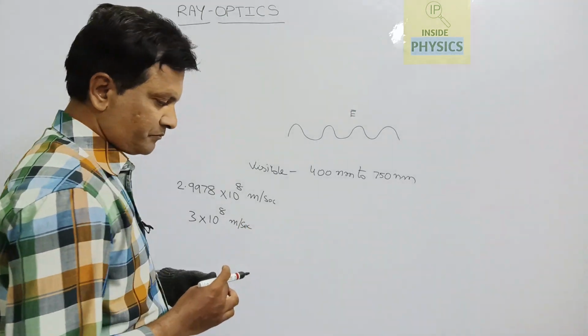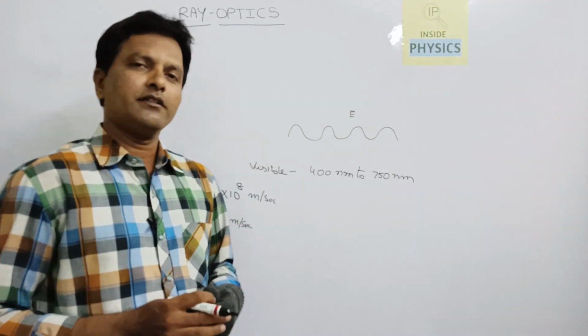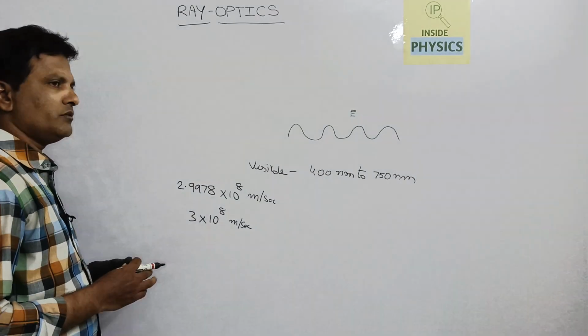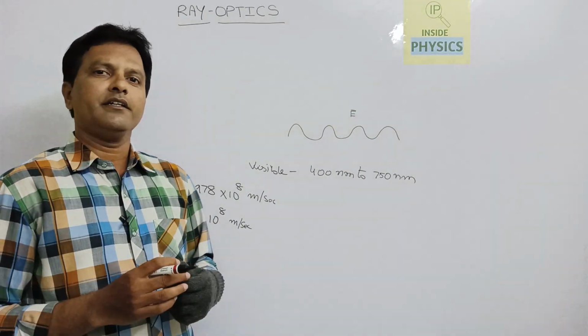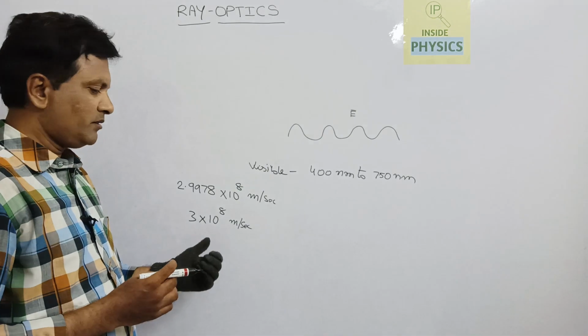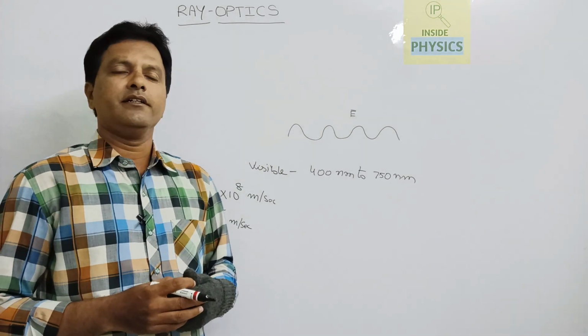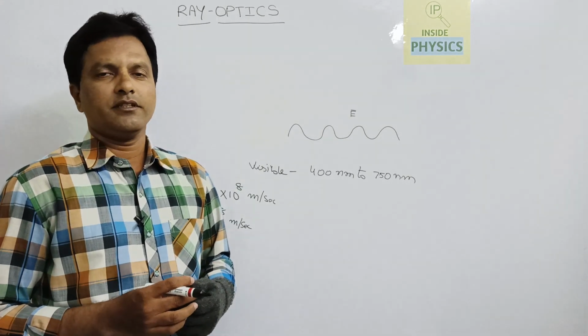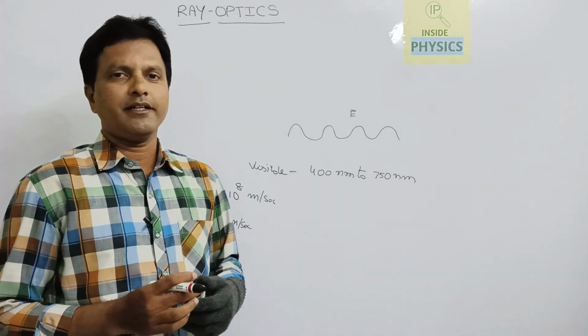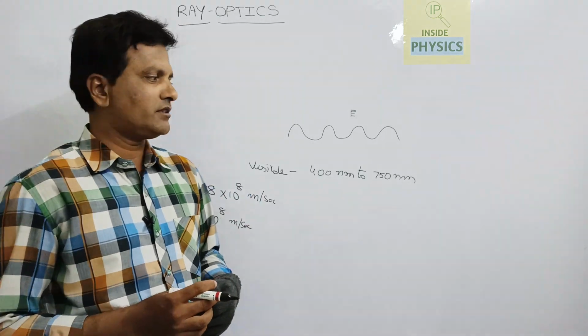This velocity is very high, and it is the maximum attainable speed in the universe.